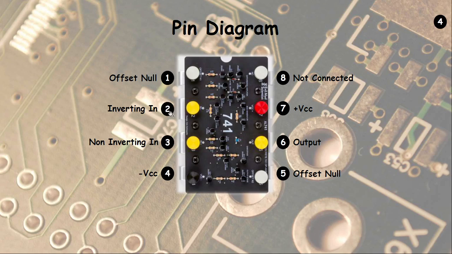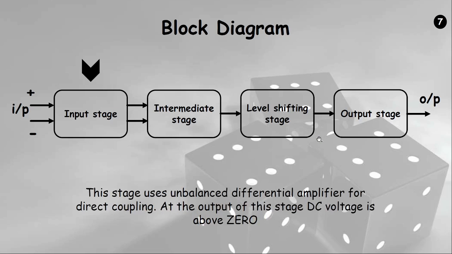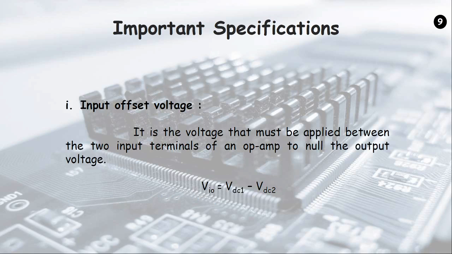Normally, if you are not giving any input to either the inverting or non-inverting terminal, you still get an output. To reduce that voltage to zero, we connect a 10 kilo ohm resistor between pins 1 and 5, and change its resistance to null the output voltage. That is my input offset voltage. I think you now get the concept of input offset voltage.